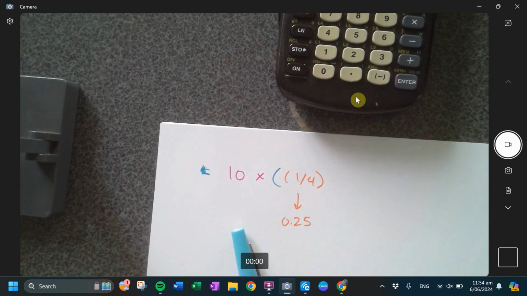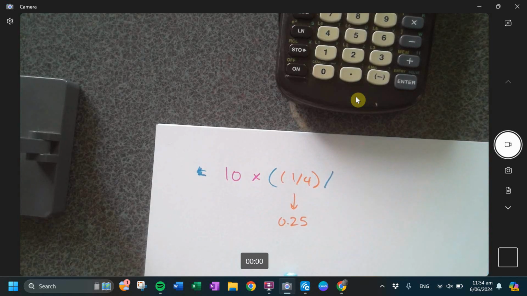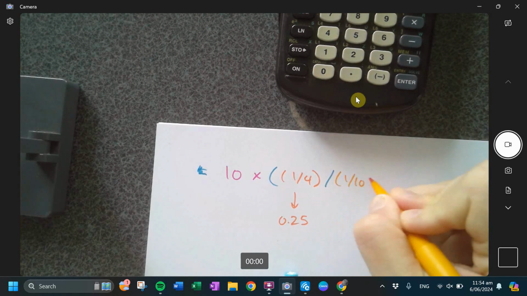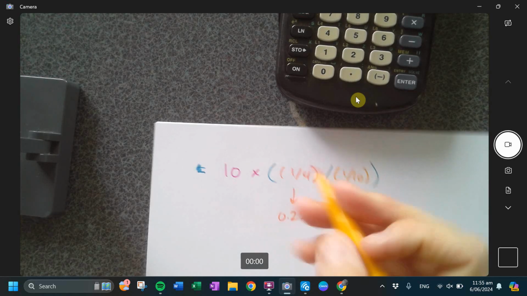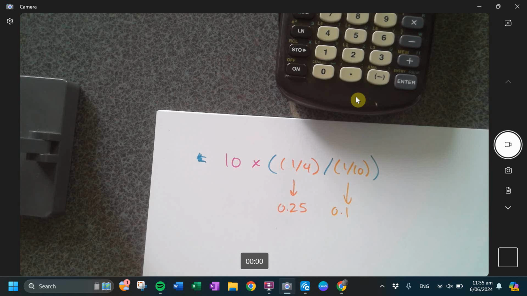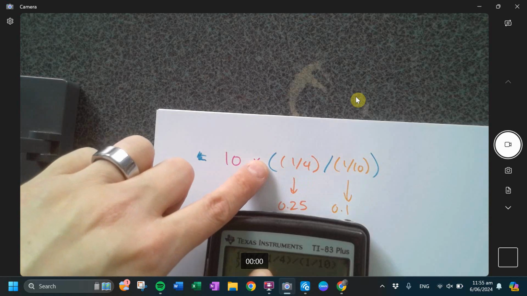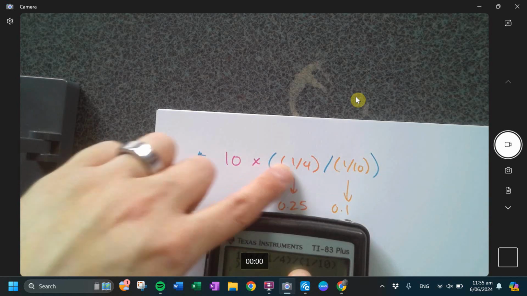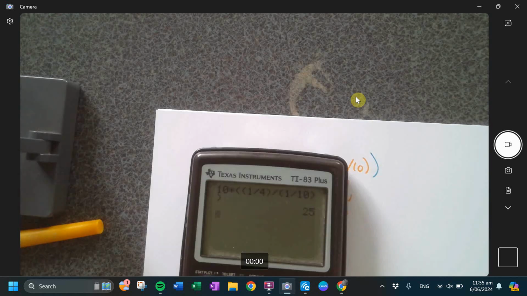That also is fine. And then I'm dividing that by my actual ratio, which is 1 in 10, and then closing brackets there. Or you can enter that in as 0.1. So when I enter that into the calculator, 10 times open brackets, a quarter divided by a tenth, close brackets, hit enter. It says you're going to take about 25 milliliters.